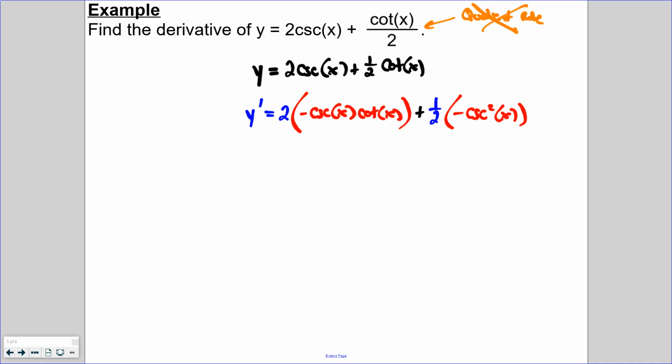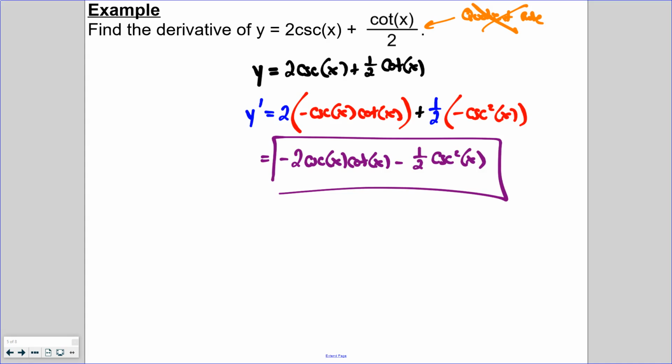And then all that's left for us to do is simplify. So we get negative 2 cosecant of x times cotangent of x minus 1/2 cosecant squared of x. And there we have our derivative.